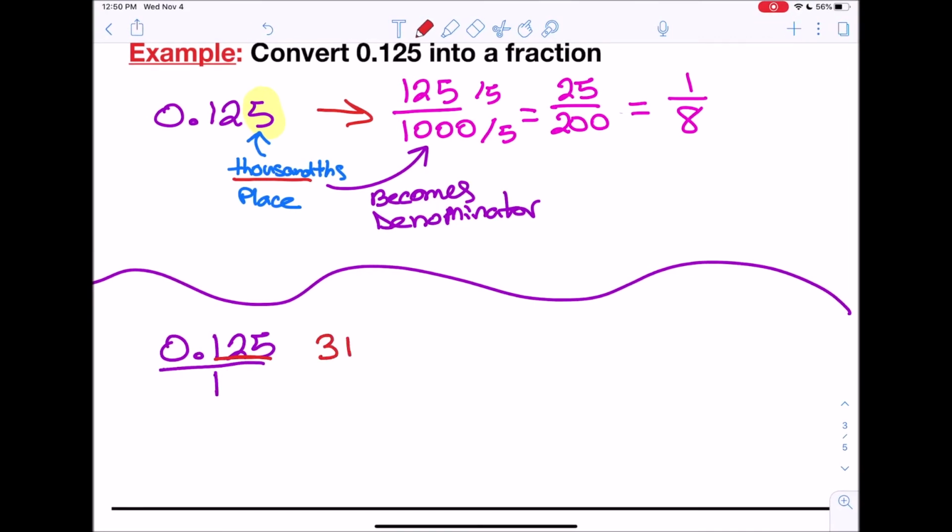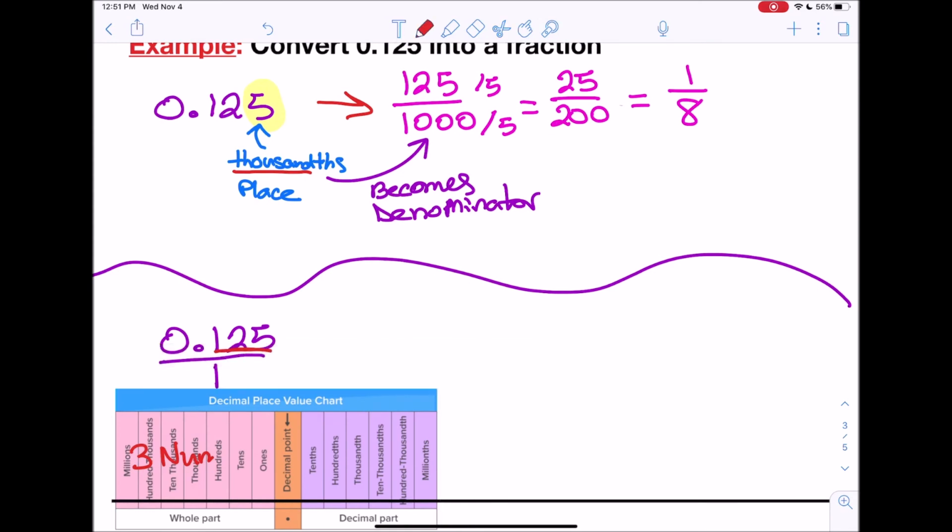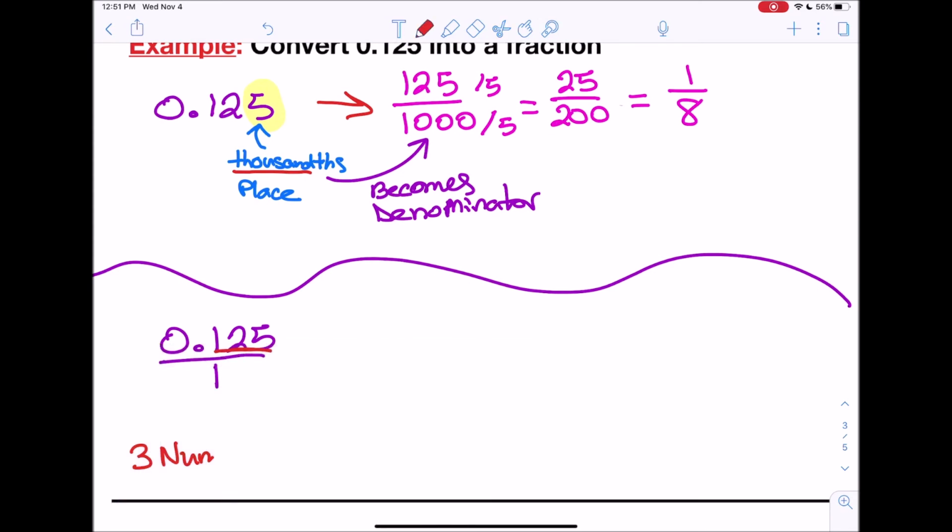So 3 numbers equals 3 zeros, so it's going to be 1,000 this time.